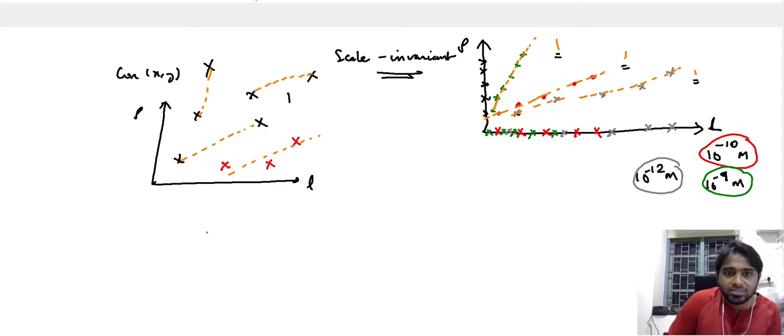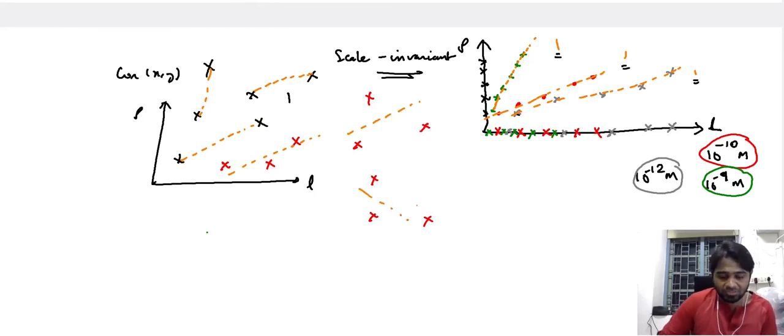However, when you consider these 3 points, they can be like this, or like this. So depending on the distribution of these points, their correlation would vary. Sometimes they may have a good correlation, sometimes they might be much closer, or sometimes they may be further apart. So the degree of relation would vary.